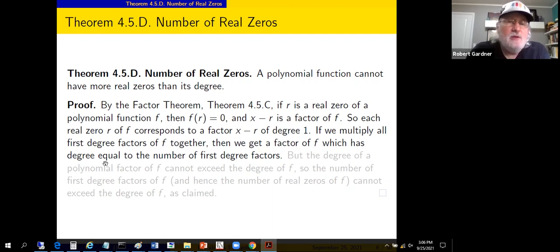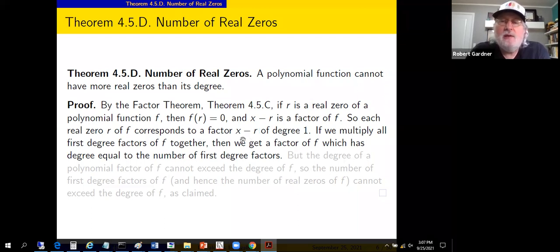And the degree is equal to the number of first degree factors. For every root, you found one of these factors. Multiply those factors together. You have 1 for each real zero of the polynomial, and you'll get a polynomial then of degree at most the number of real zeros.